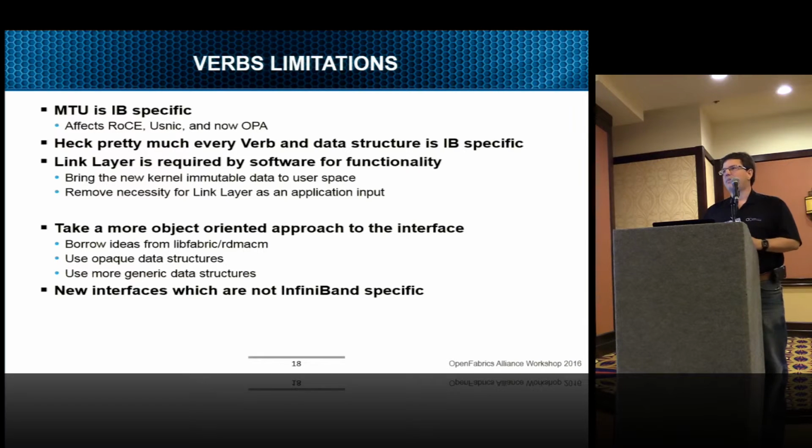We were in a talk yesterday about K-Fabric, a similar thing to libfabric. So how can we borrow those ideas that libfabric has done, move them to the kernel? How can we make our applications agnostic to things like link layer? And how can we make the data structures that we're passing around opaque when they need to be, and generic? Because we need new interfaces which are not InfiniBand specific. We need interfaces that are fabrics.